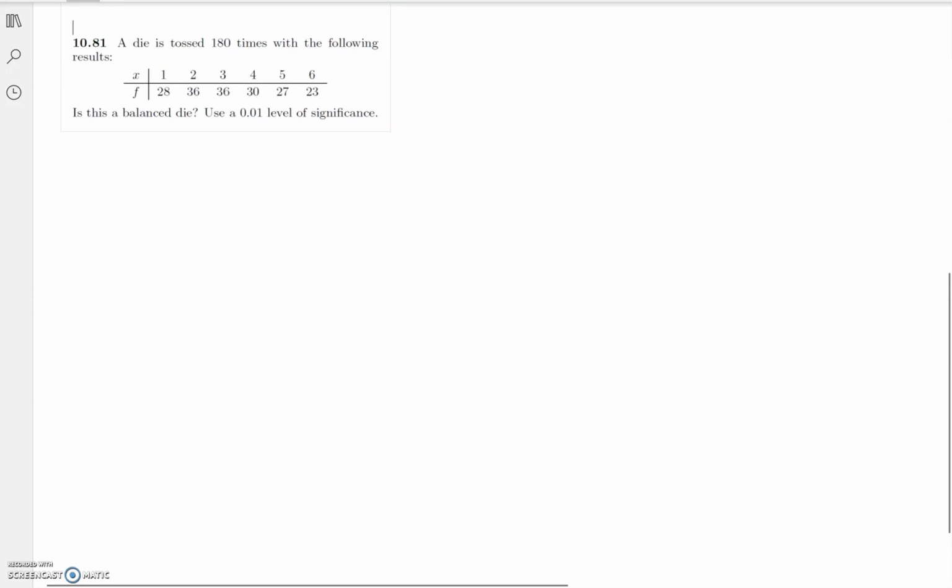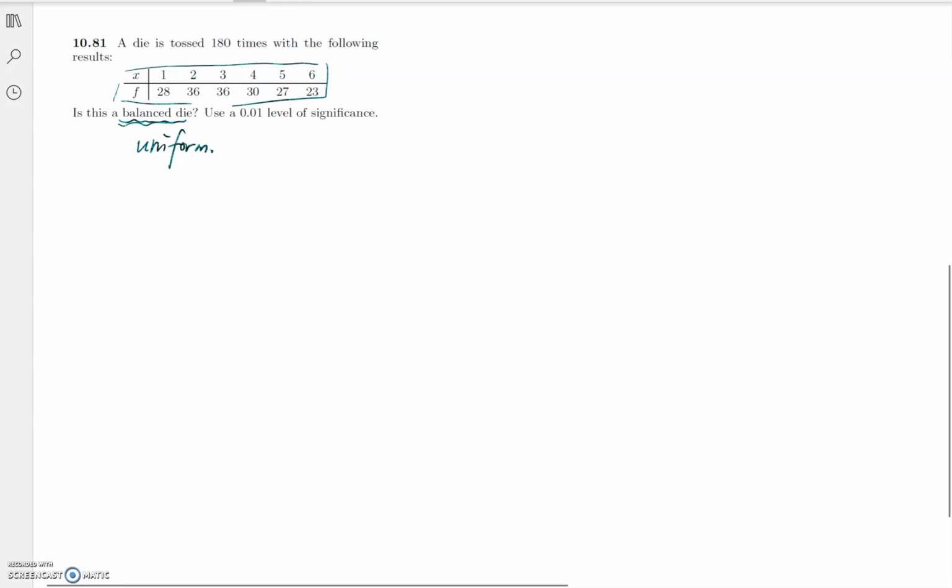Okay, let's take a look at this one. A die is tossed 180 times with the following results. Here's our result. Is this a balanced die? Use a 0.01 level of significance. A balanced die means that for the numbers 1 to 6, the distribution should follow a uniform distribution.